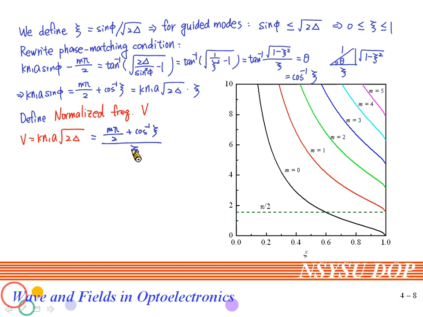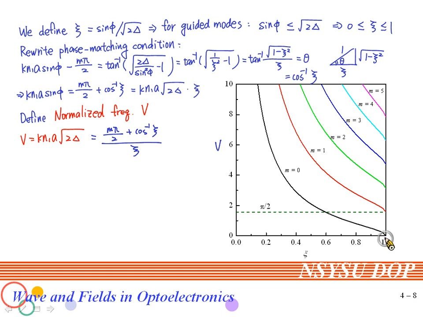So we can plot their relationship in this figure on the right hand side. So this figure shown here plots the relationship between C and the normalized frequency capital V. And for different values of m, it is plotted in the solid curve with different colors.